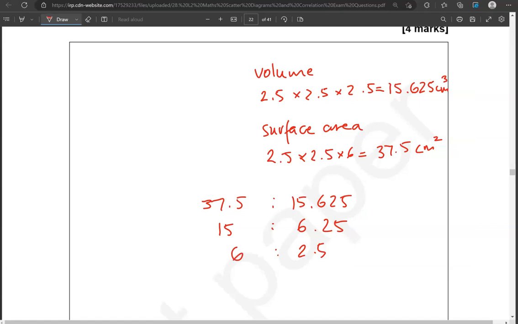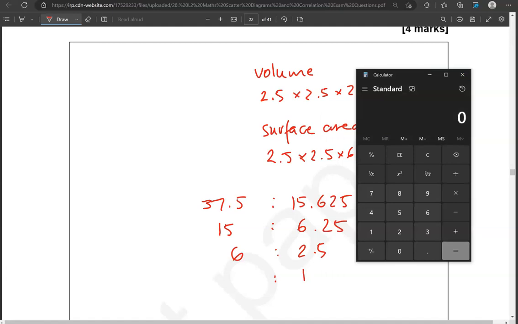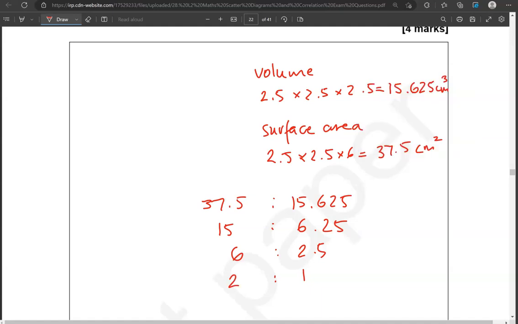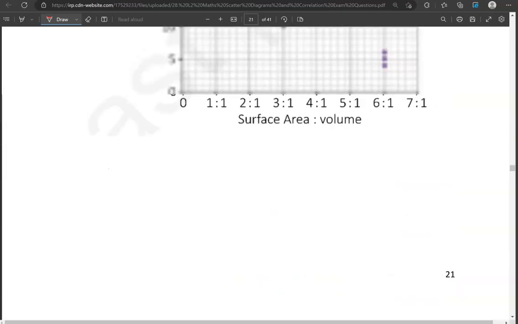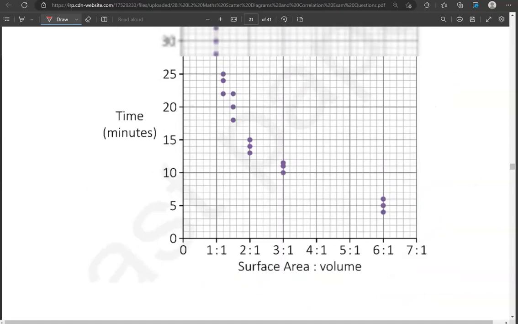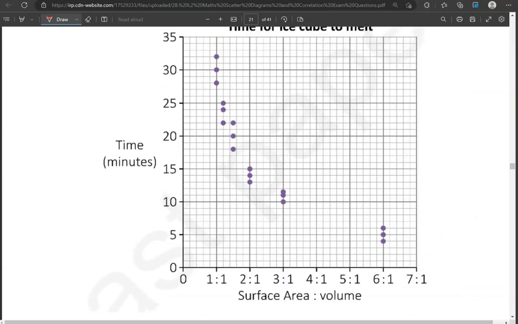Dividing this further by 2.5 so that we get 1 for at least one of these two values. So now 6 divided by 2.5 gives us 2.4. So 2.4 to 1 is the ratio. So this is 2 to 1, this is 3 to 1, so 2.4 is going to be here.